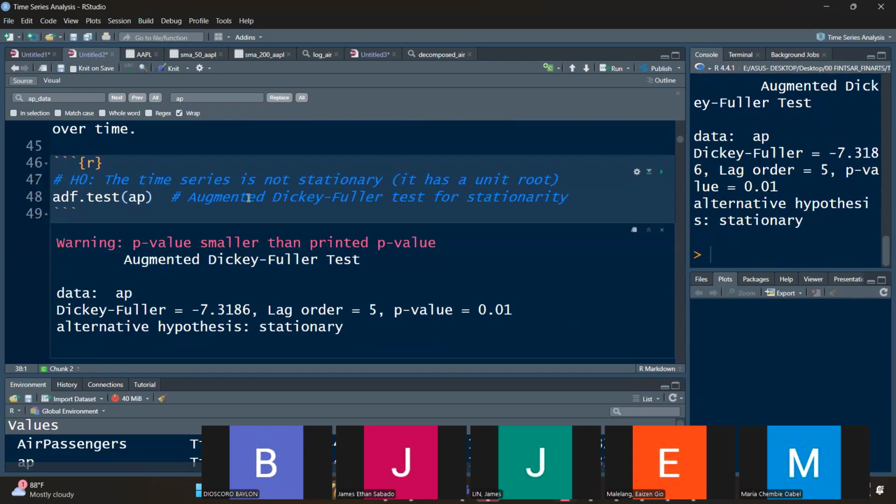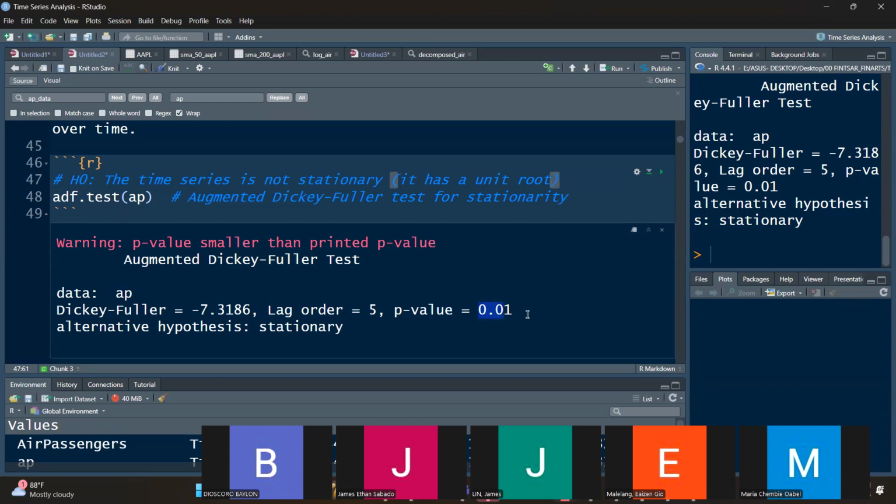Augmented Dickey-Fuller test, ADF test. The null hypothesis is that it has a unit root. Now, having a unit root is quite different from determining if there's a trend. Here the Dickey-Fuller statistic is negative 7.3.